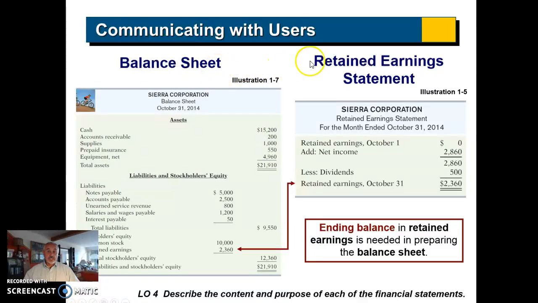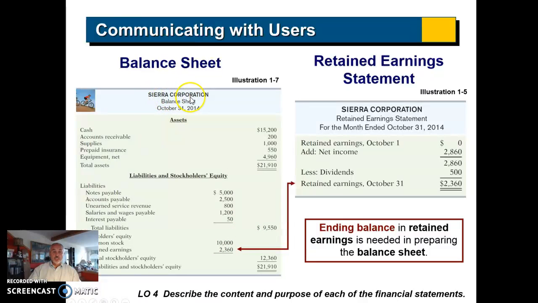On the balance sheet, we have a retained earnings number, and we take that retained earnings number from our retained earnings statement, the ending balance, and we move it to our balance sheet. Our balance sheet is known as a statement of condition.